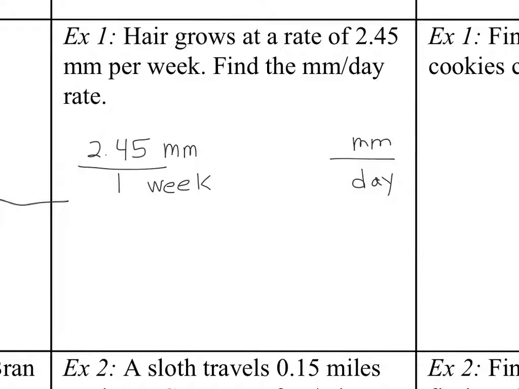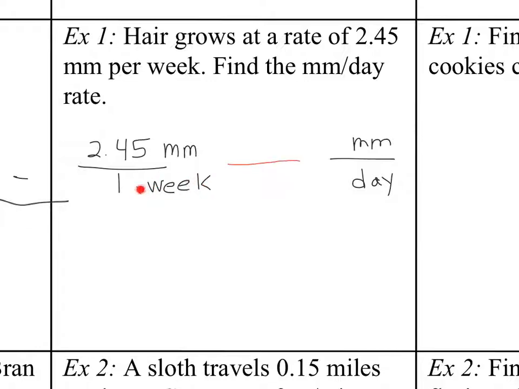So I'm looking at my numerator and I have millimeters and millimeters, so I don't need to do anything with the 2.45. I still have millimeters and millimeters. But here I have a week and then a day. How do I convert from a week to a day? I want to get rid of the week.